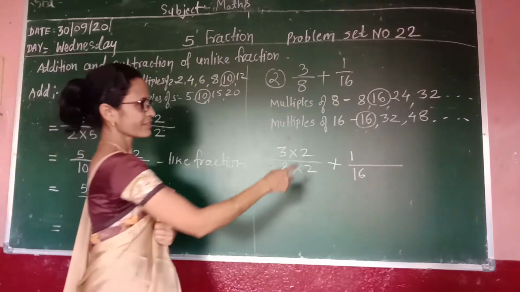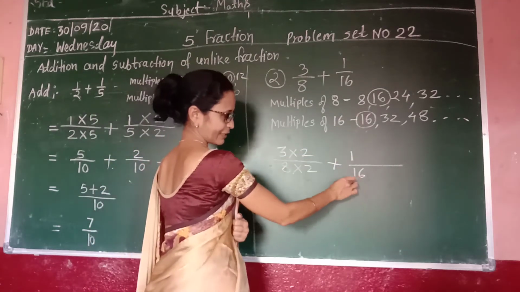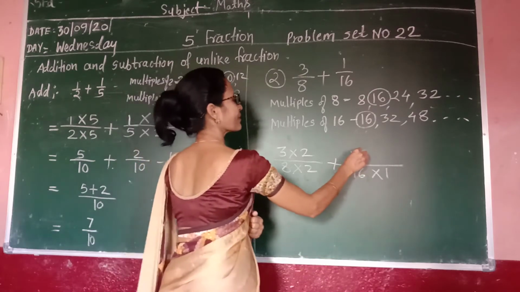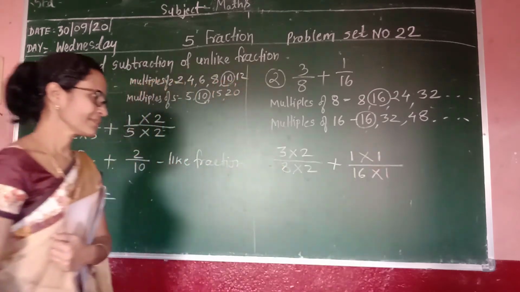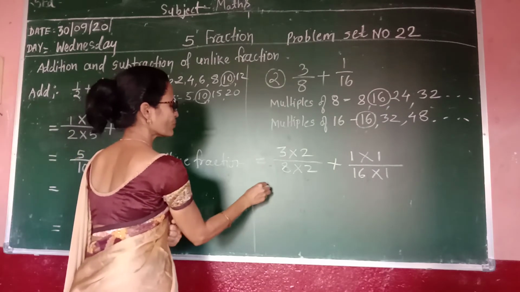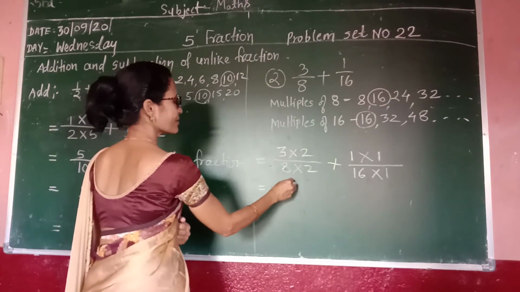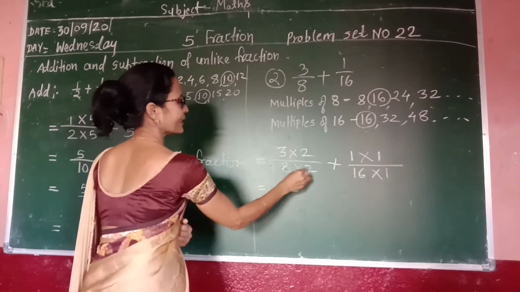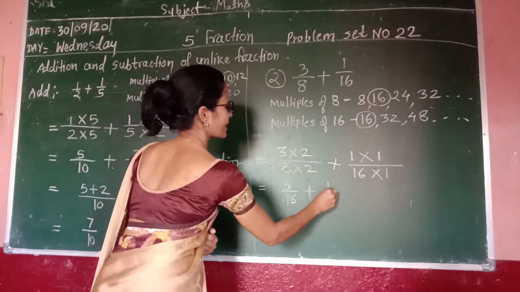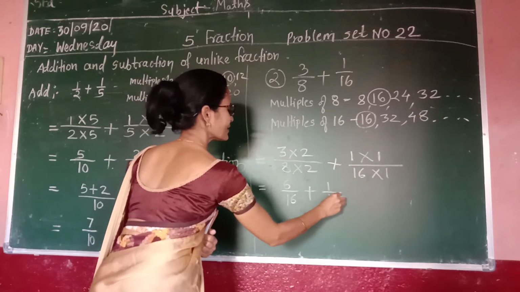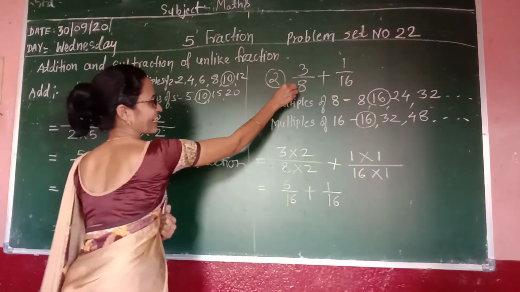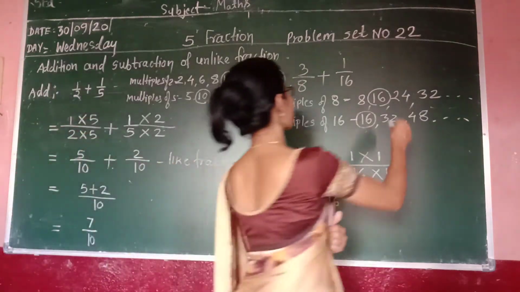Here 16 1s are 16, so here also 1. Write the equal to sign. 3 2s are 6, 8 2s are 16, plus 1 1s are 1 and 16 1s are 16. Now we convert this unlike fraction into a like fraction.